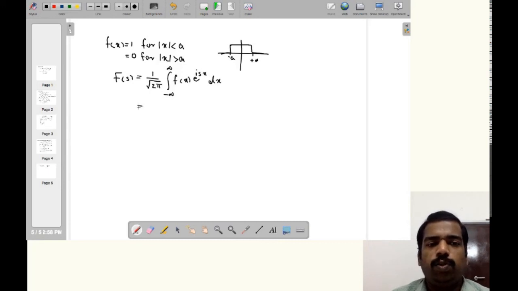So equal to 1 by root 2 pi integral minus infinity to plus infinity 1 into e raised to i sx dx.